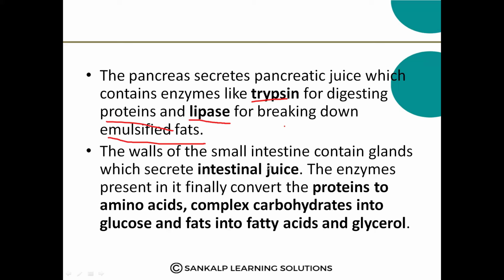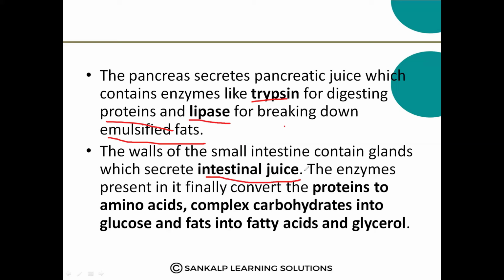Again, the walls of the intestine: the small intestine receives the bile juice from the gallbladder and the pancreatic juice from the pancreas, and the intestine also secretes a juice called intestinal juice.